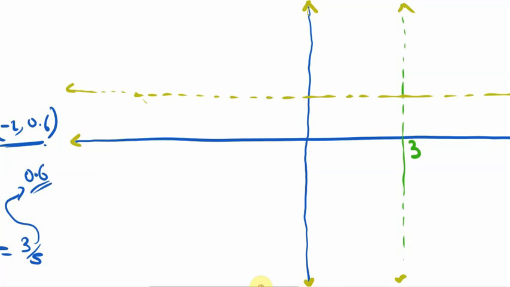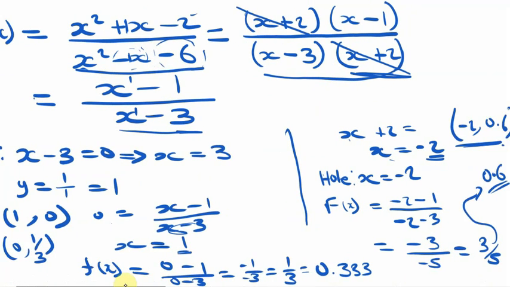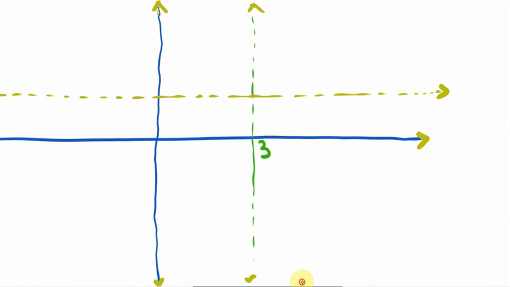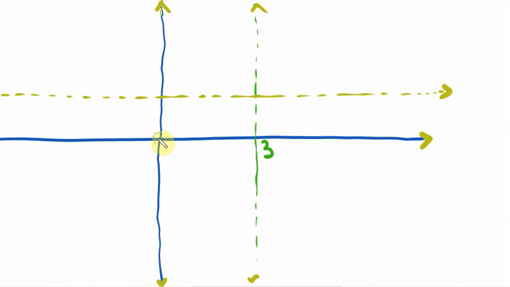Okay, so let's plot our x-intercept. When x is 1, y is 0.